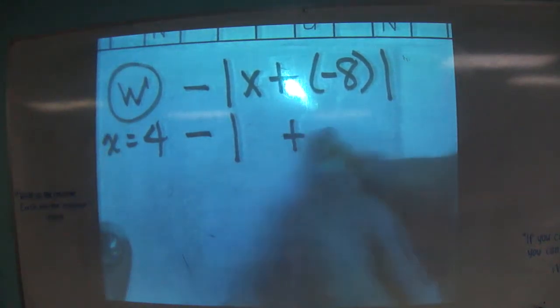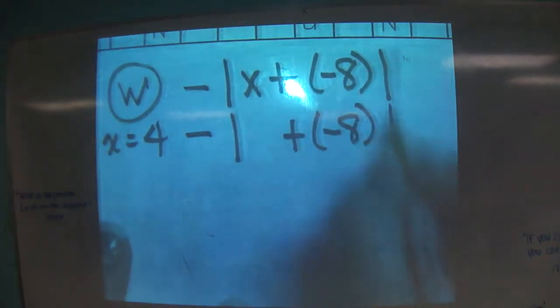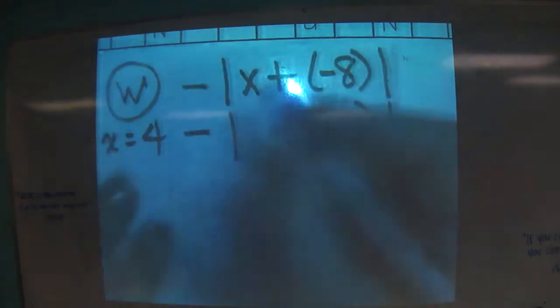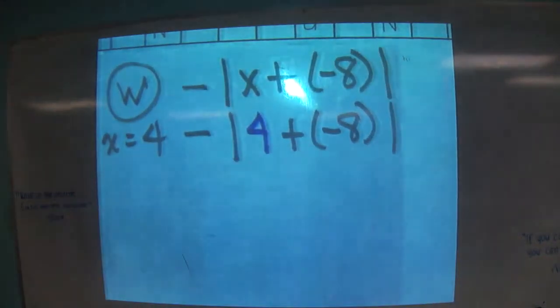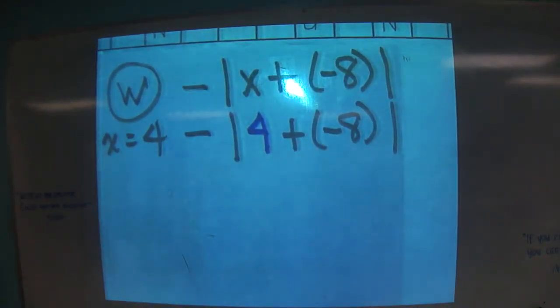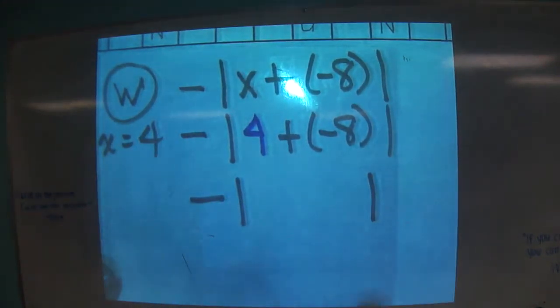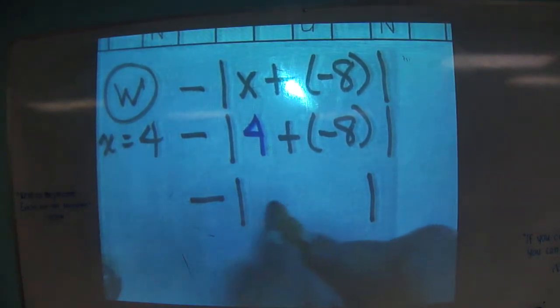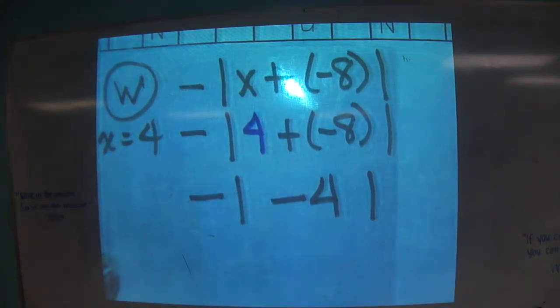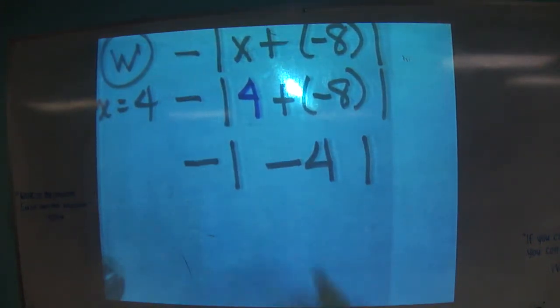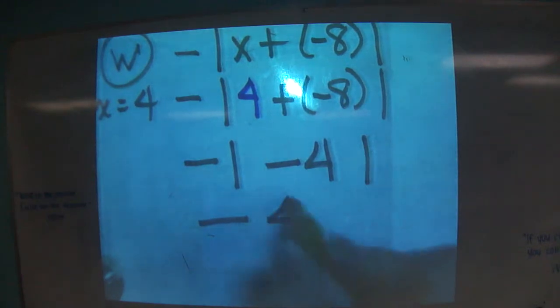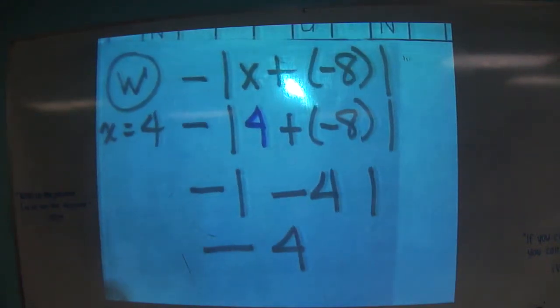Perfect. 4 plus negative 8, and x equals 4. Now solve what's inside your absolute value. What's 4 plus negative 8? Negative 4. What is the absolute value of negative 4? 4. The answer would then be negative 4.